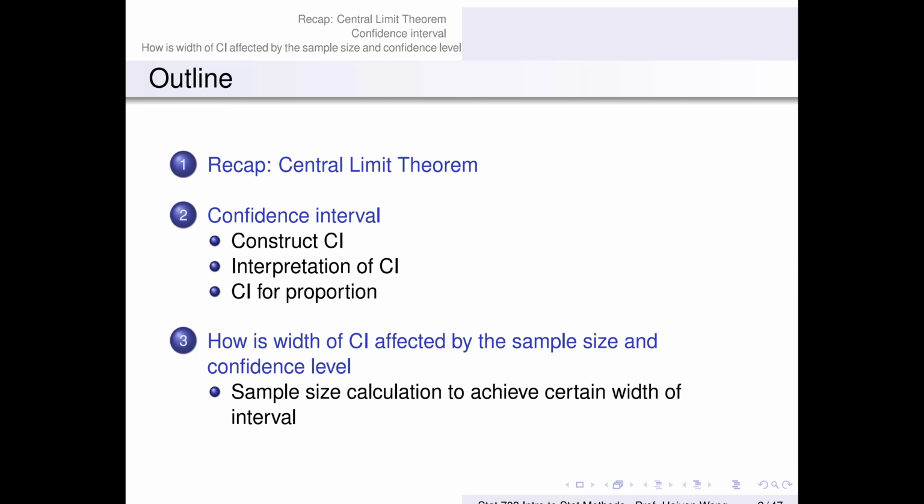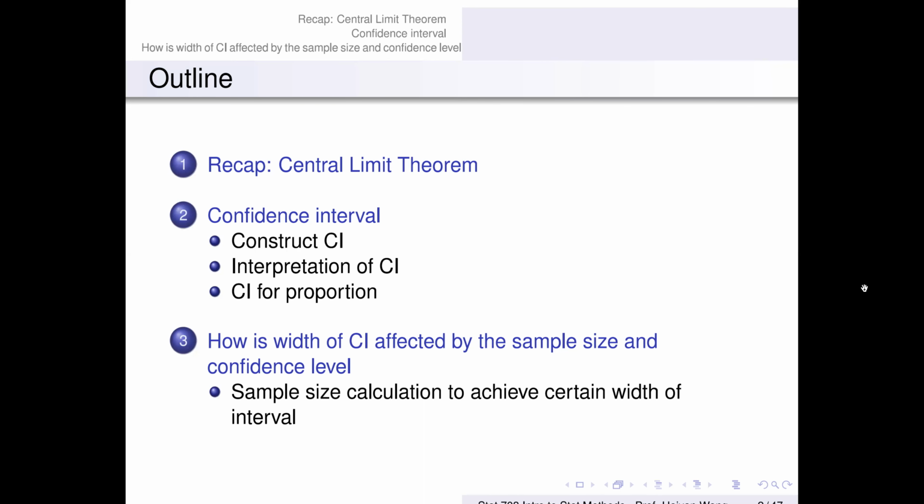The construction of confidence interval generally will involve the distribution of a statistic, and that often relies on the central limit theorem that we have learned in earlier chapters. So we'll first briefly go over the central limit theorem, and then afterward we learn how to construct the confidence interval for one population mean.